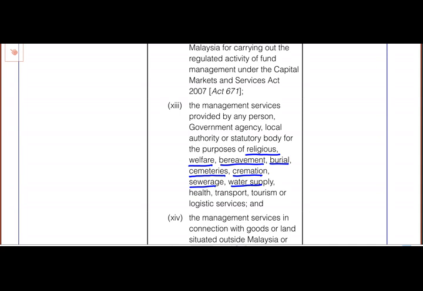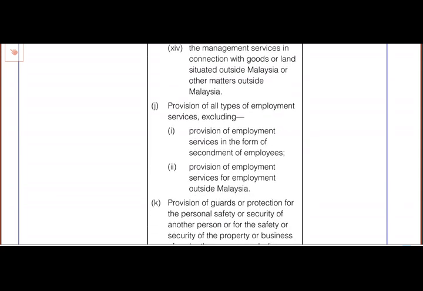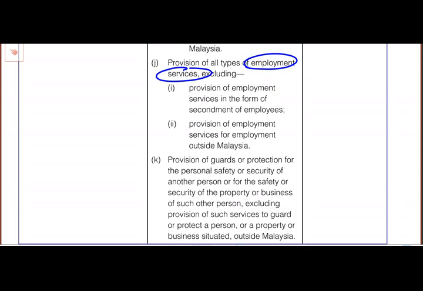Now, okay, then the employment services. Okay? Security services.